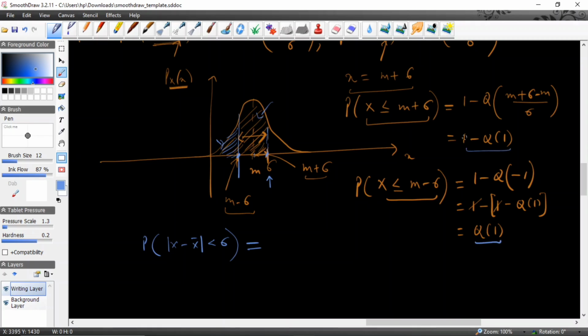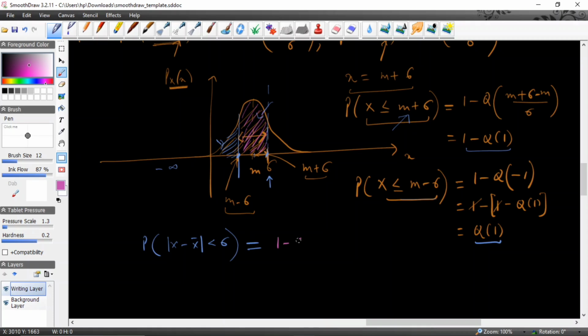Okay, because this gives me the area of this PDF from minus infinity to m plus sigma, and this gives the area from minus infinity to m minus sigma. So if you subtract this, I will be left with this portion, which is the probability of finding x between m minus sigma and m plus sigma.